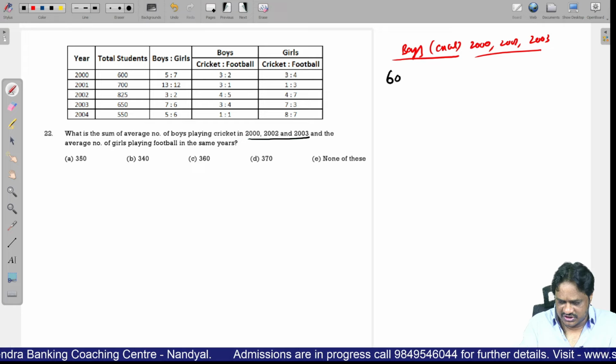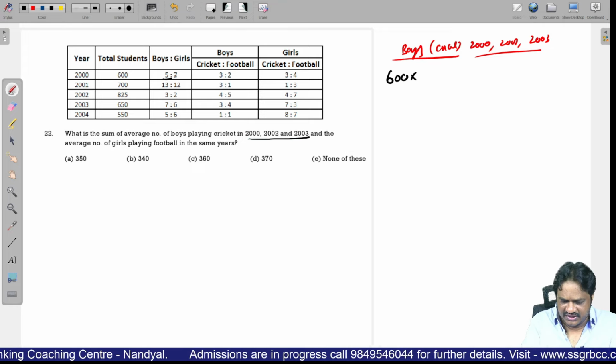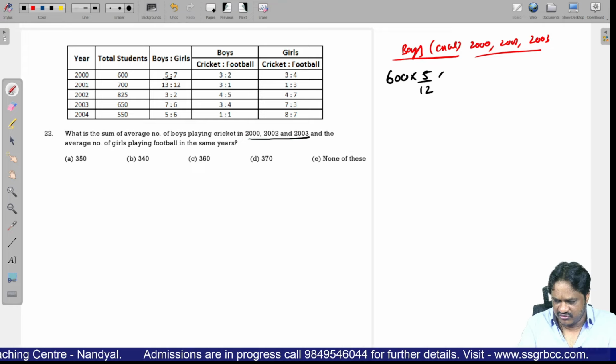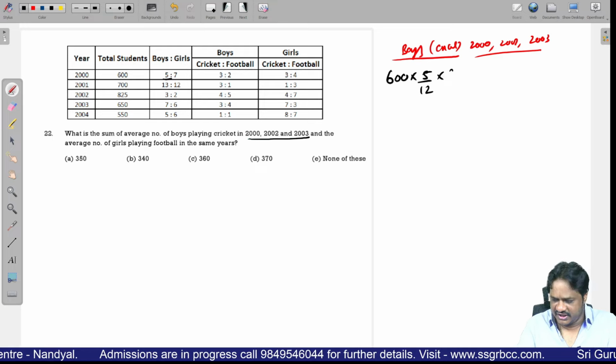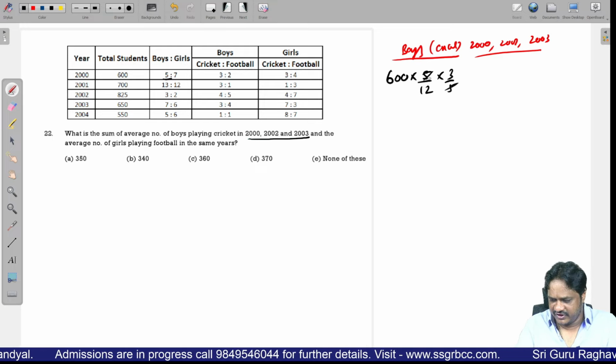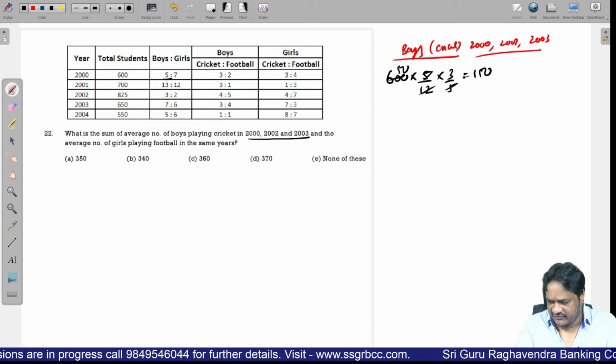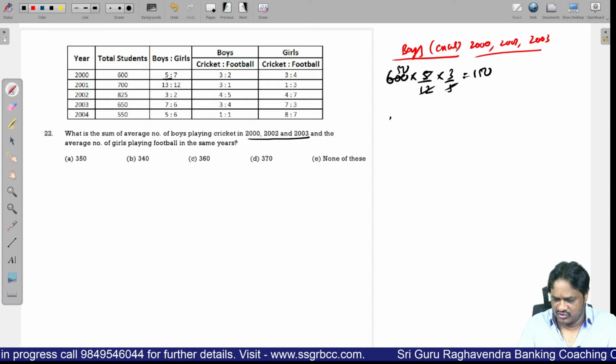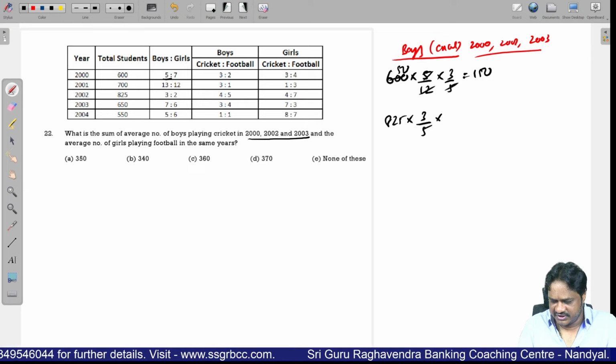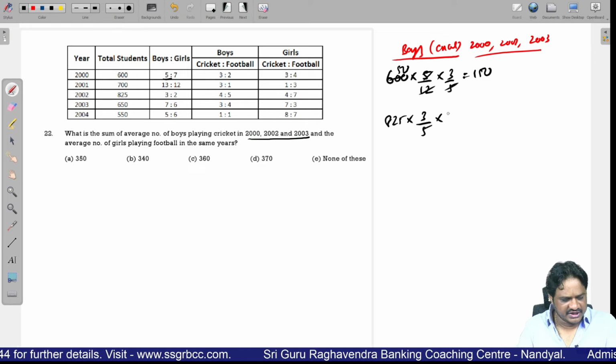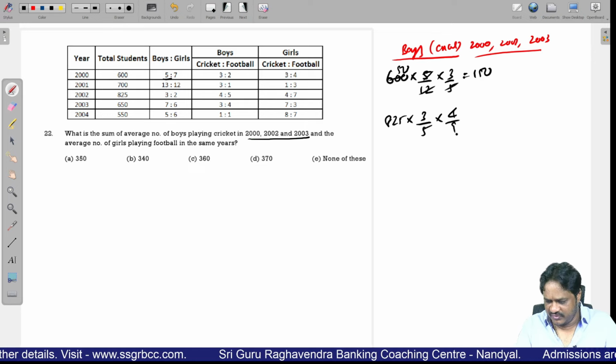First 2000, total students are 600. Boys will be 5 by 12. In this we want cricket, 3 by 5. So 5 cancel, 12 ones 12, 50, it is 150. Now 2002, total strength is 825. In this boys will be 3 by 5. In this cricket playing boys will be 4 by 9.